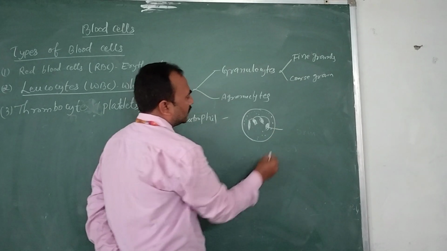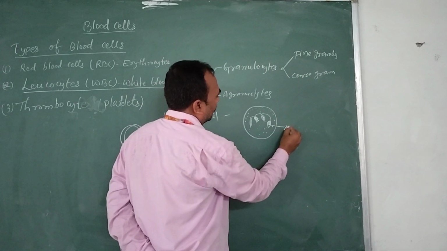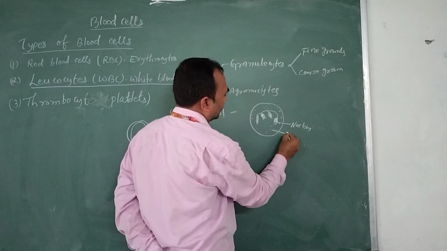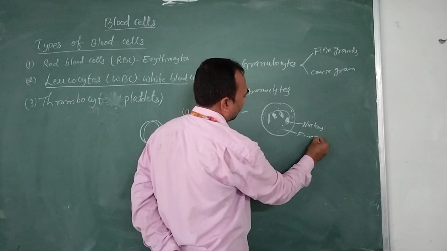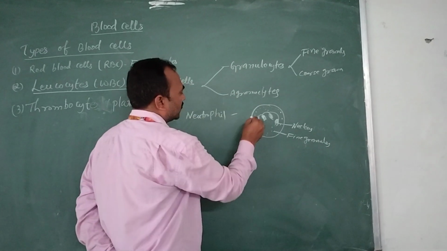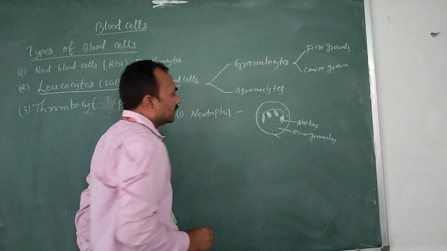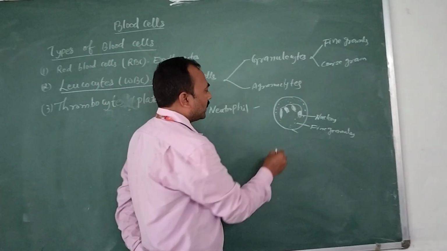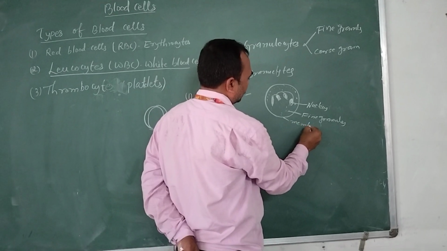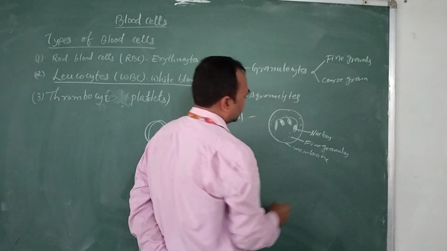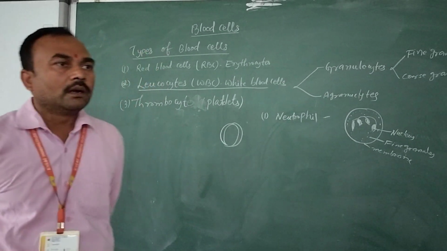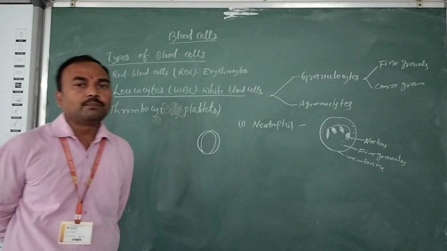So this is the nucleus or lobes, this is the fine granules, and this is the cell plasma membrane of the cell. Sometimes neutrophil is also called polymorph.